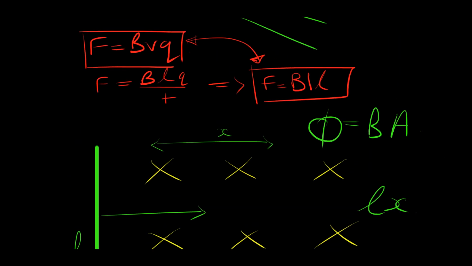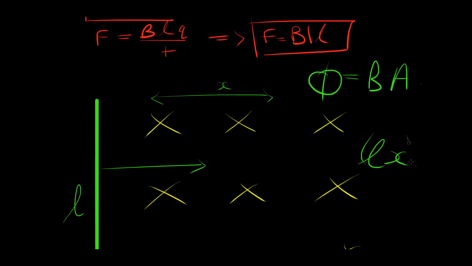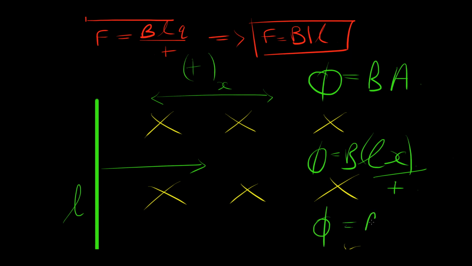Phi is going to be BLx for this wire, and based on the rate at which it's moving, if that's divided by time, over the time period that it takes for this movement to occur, we can then work out that the EMF is equal to BLv.